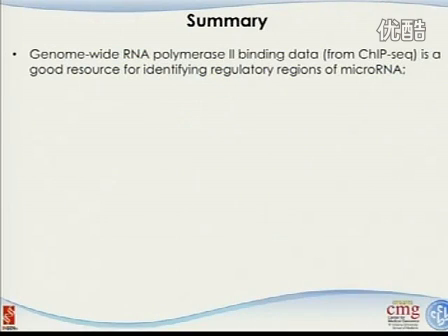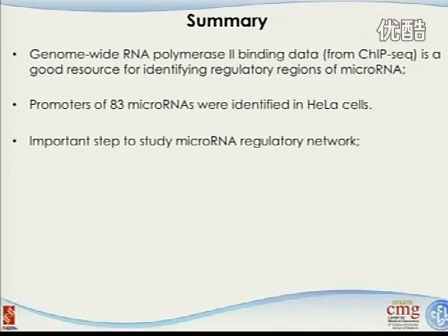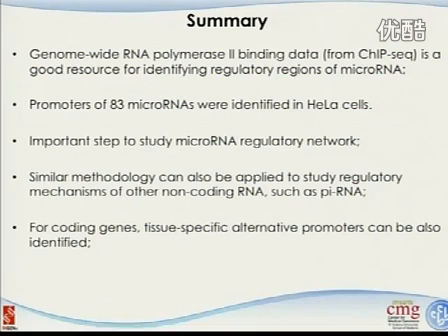So the summary of this part is that the genome-wide RNA polymerase II binding patterns from ChIP is a good resource for identifying regulatory regions for microRNA. And we have seen 83 microRNAs in HeLa cells, and this is good to study the microRNA network.